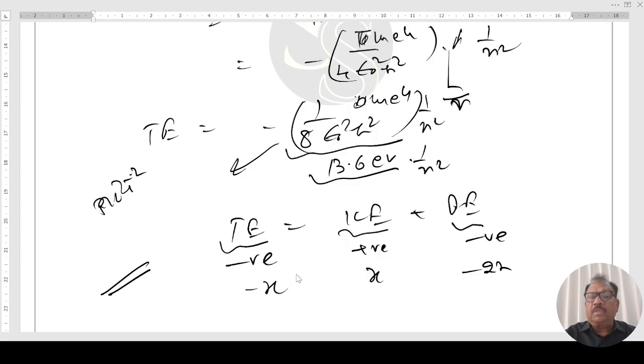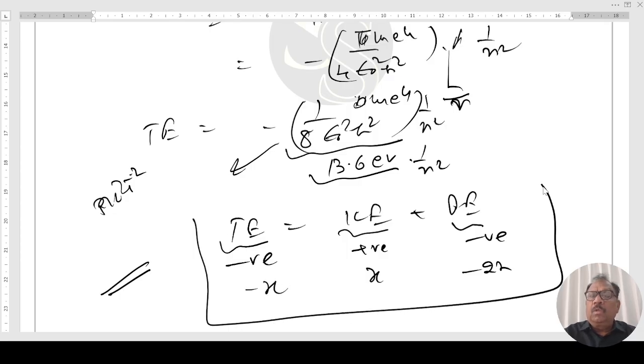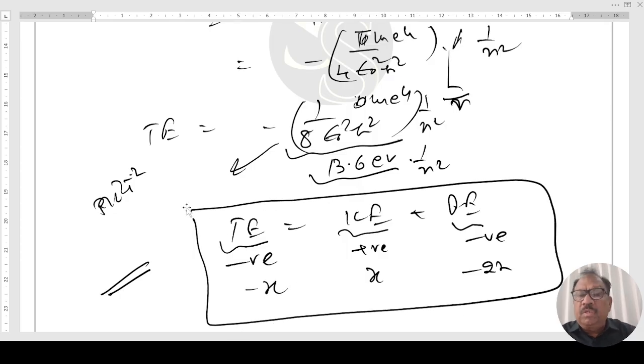So the potential energy is, magnitude wise, double that of the total energy and of the kinetic energy, right? This is all about the energies. You can say energy En is proportional to 1 by n square.